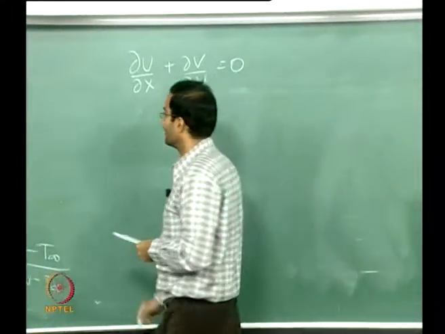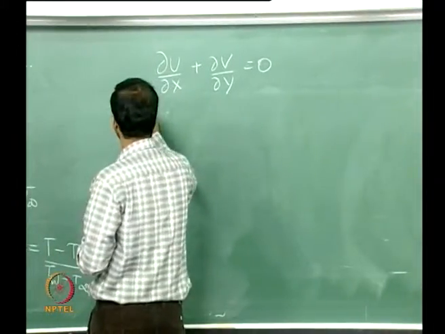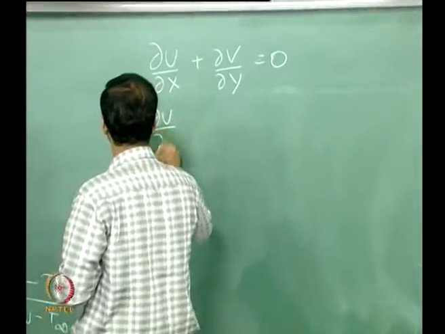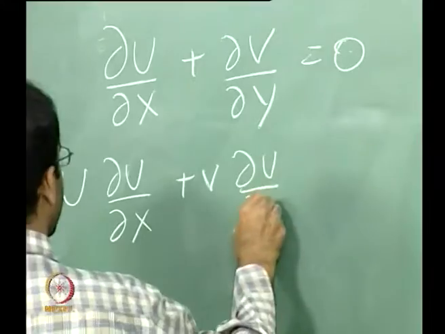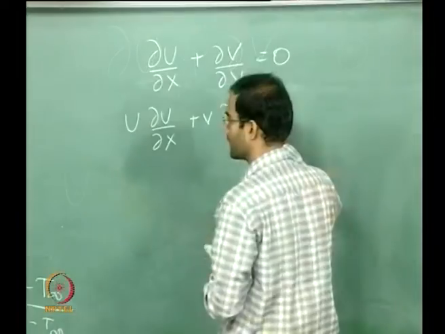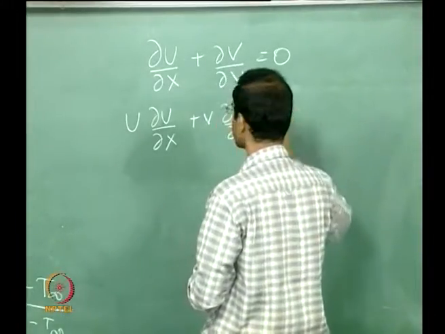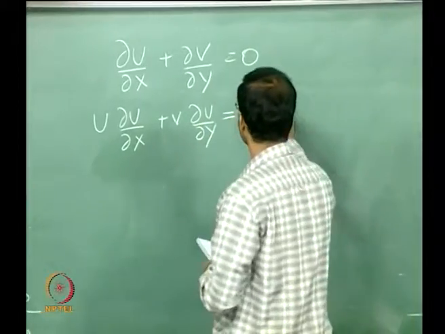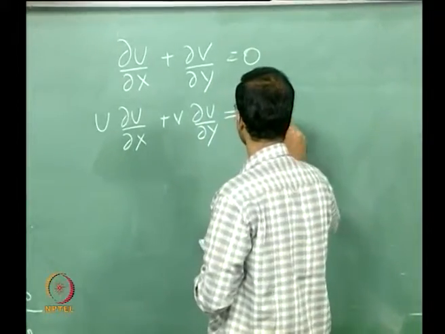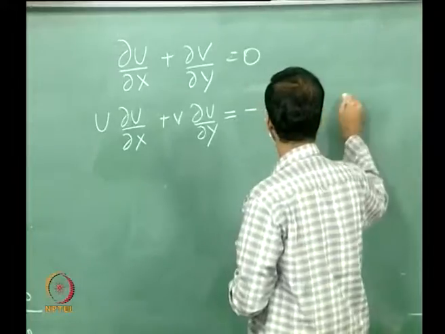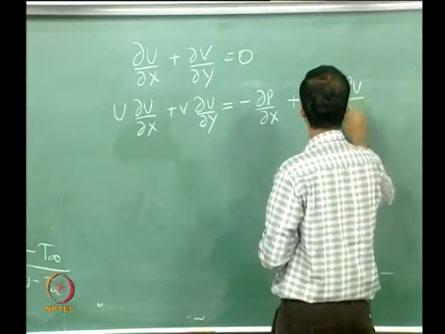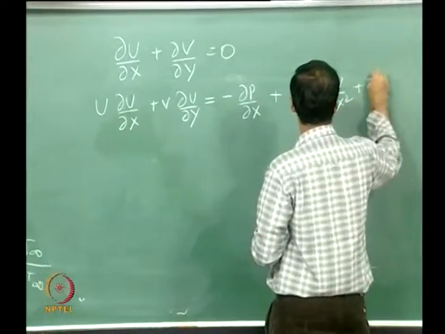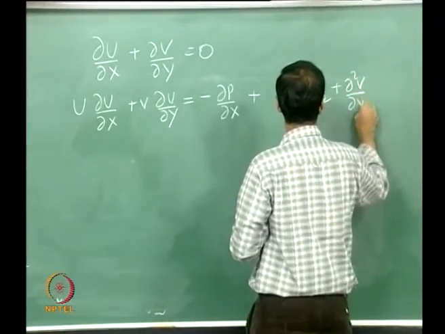As far as the momentum equation is concerned, U dU by dX plus V dU by dY, I am writing all in non-dimensional terms, is equal to minus dP by dX plus something which you have to tell me what it is, d square U by dX square plus d square U by dY square.